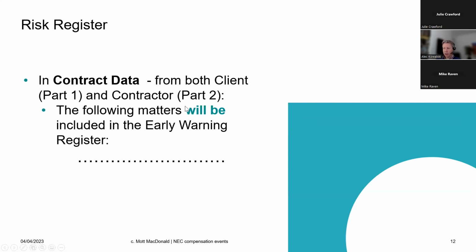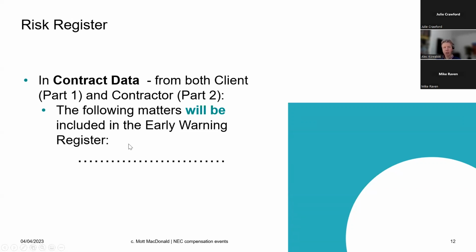The important thing here is "will be". This is future tense. So this demonstrates that anything you list in this section of the contract data is a post-contract management activity. So listing things to be recorded in the early warning register does not contractually allocate risk.